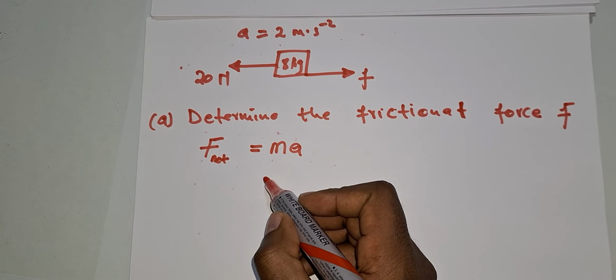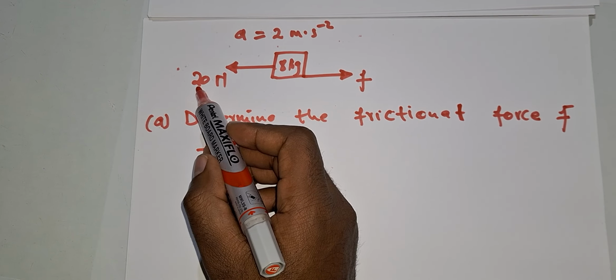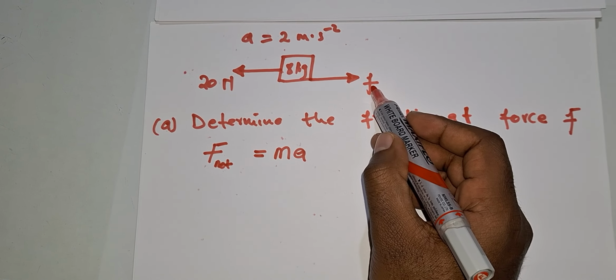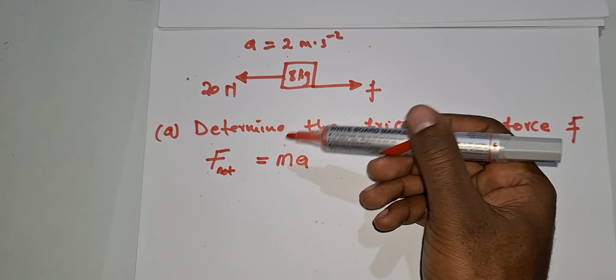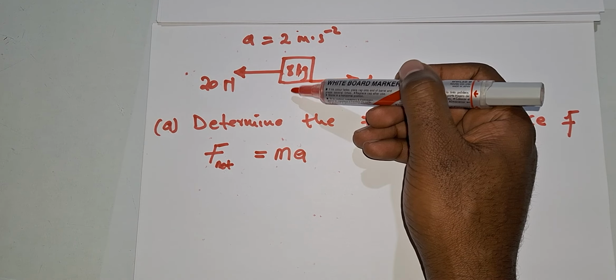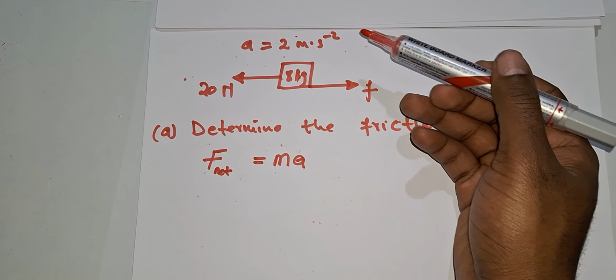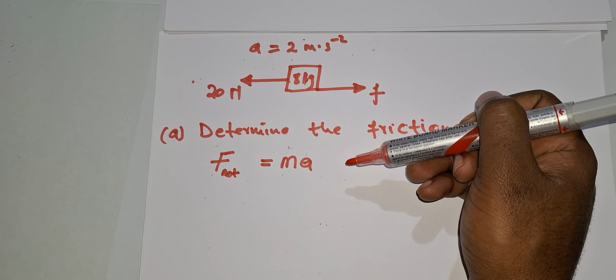experienced by this object. So we all know, or we have seen, that we have the applied force, the first one, and also we have the frictional force, right? And the other thing, again, we do have the normal force and the gravitational force, but these two cancel each other because they are the same, and they are in opposite directions.